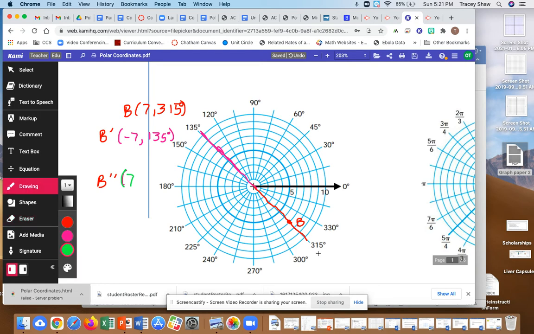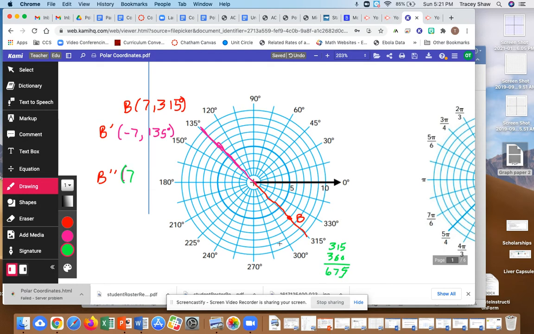So if I take 315 and I add 360 to it, 675 degrees would also land in the same location as the original B. And I'm going to do one more, even though it just said find two, because this is really important that you can find these coterminal angles and these coterminal points.